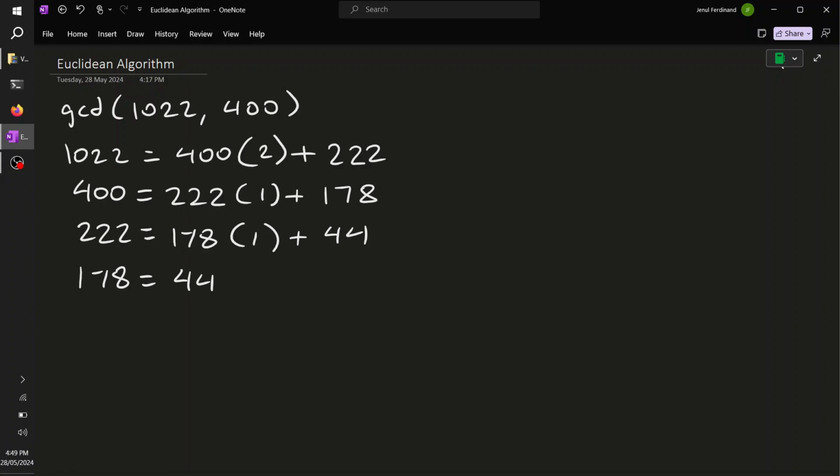178 goes into 44 multiple times. To figure it out we can use repeated subtraction again. 8 minus 4 is 4, 7 minus 4 is 3, and that's 134. So that's 1 time it went in.